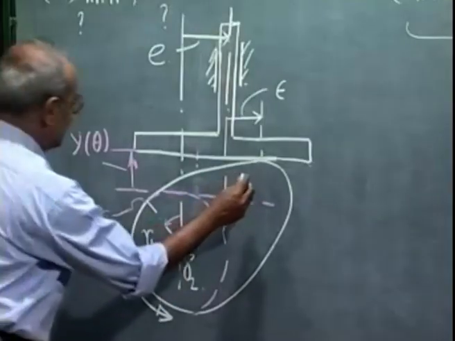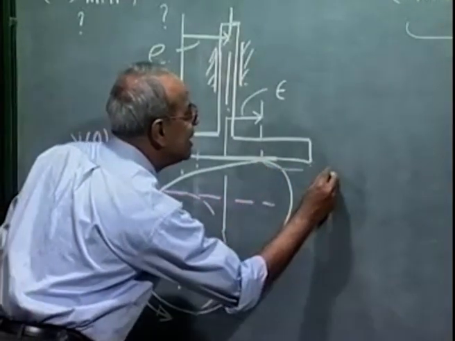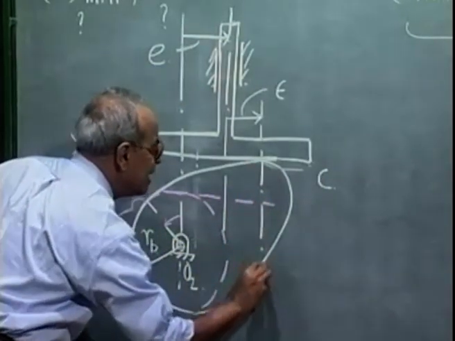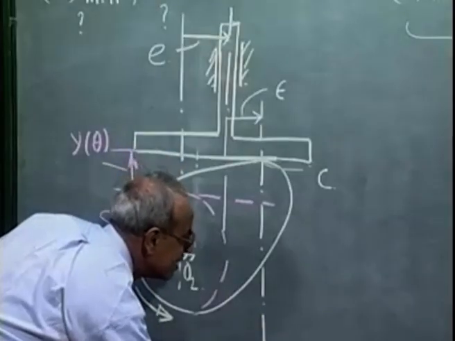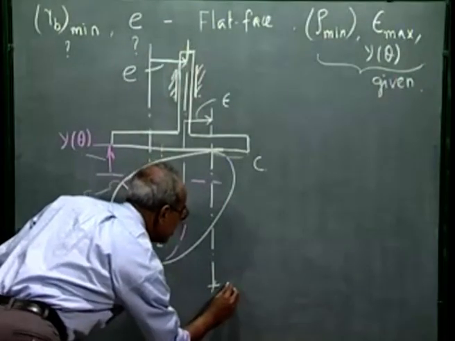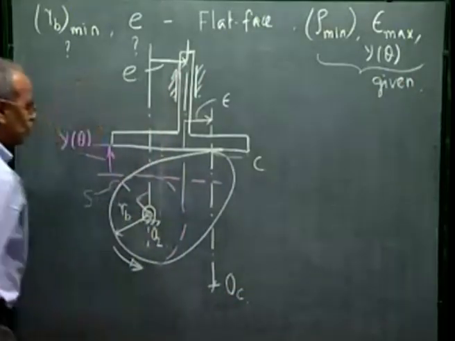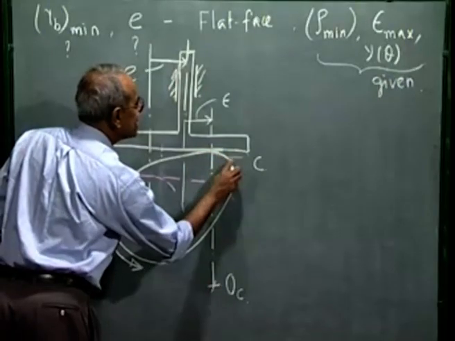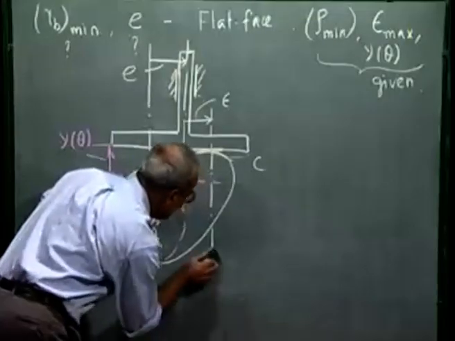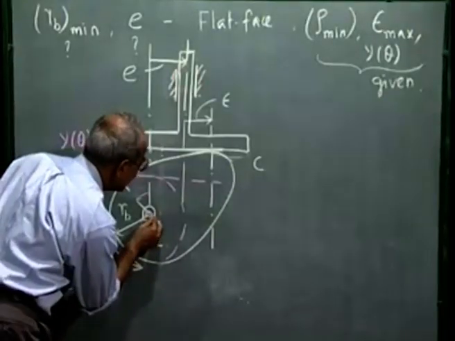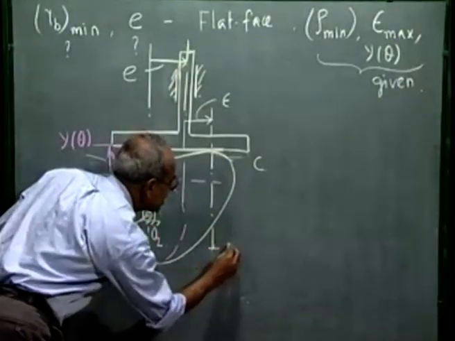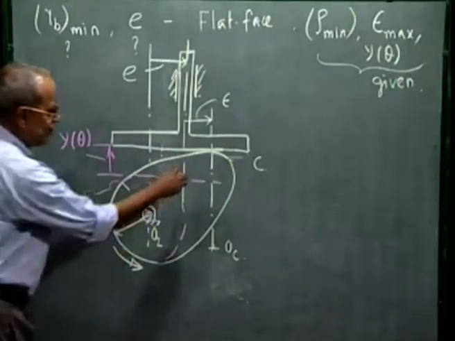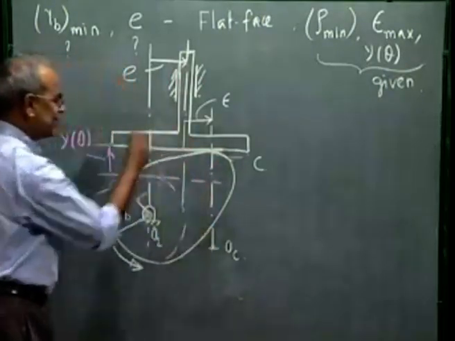Now let us see this contact point. If I call it C, the center of curvature of the cam profile at C, let it be here, which we call OC. OC is the center of curvature of the cam profile at this contact point C. Now, what do we mean by center of curvature or the radius of curvature?